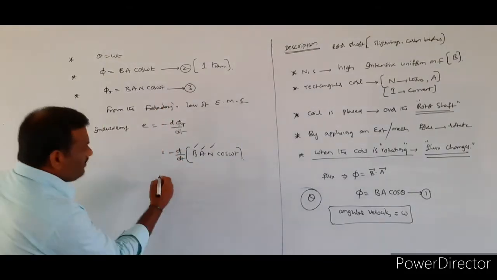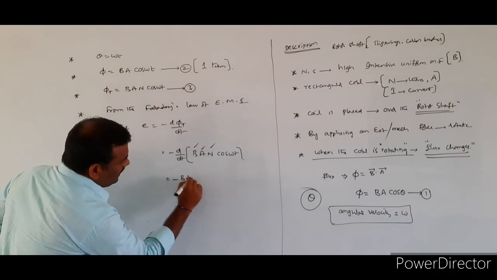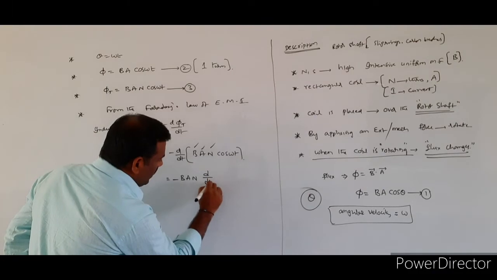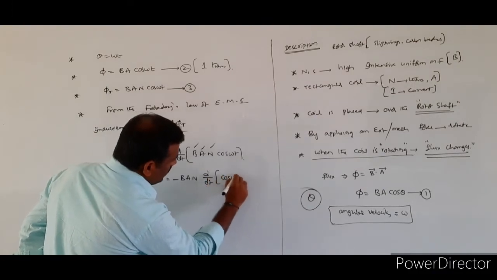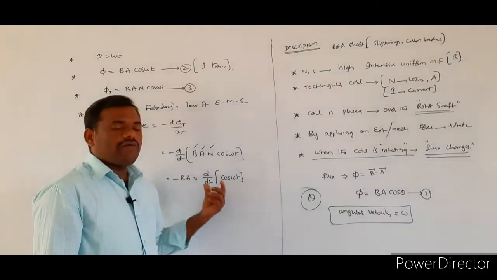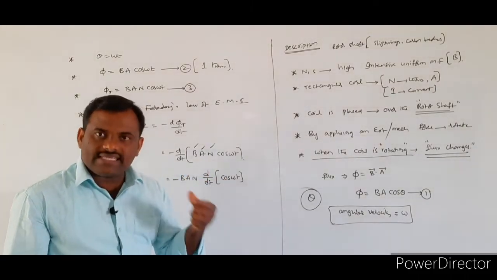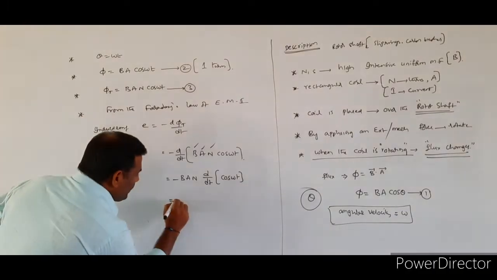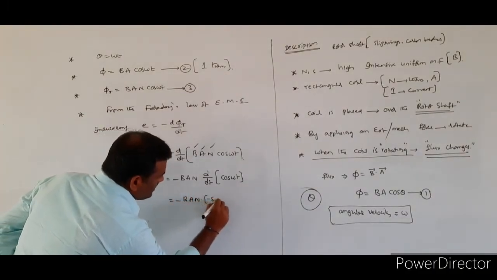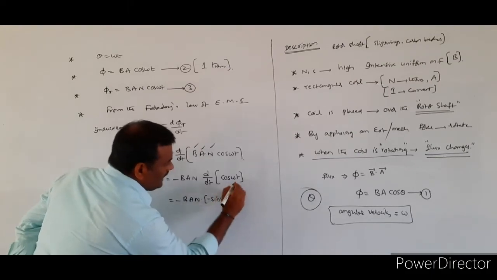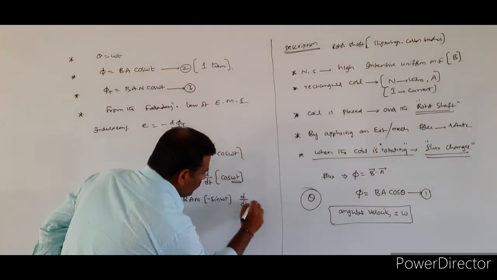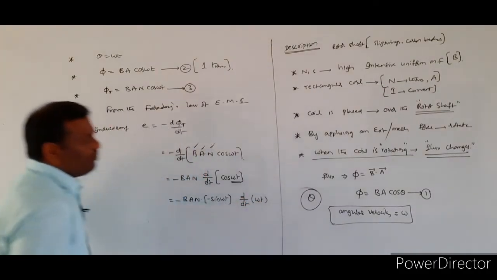So we will write minus BAN as the constant factor, so d by dt of cos omega t. The derivative of cos function is equal to minus sin omega t. So here minus BAN into minus sin omega t. Again here a function of time is there, so one more derivative, the derivative of omega t.